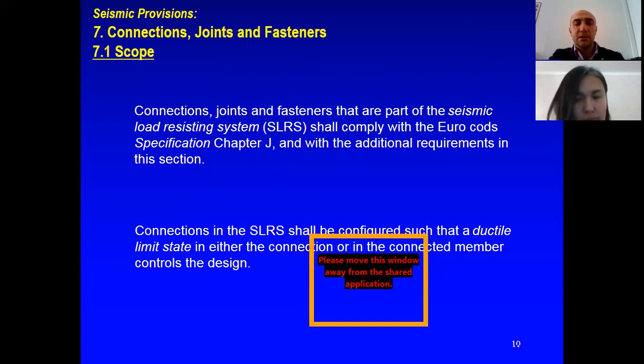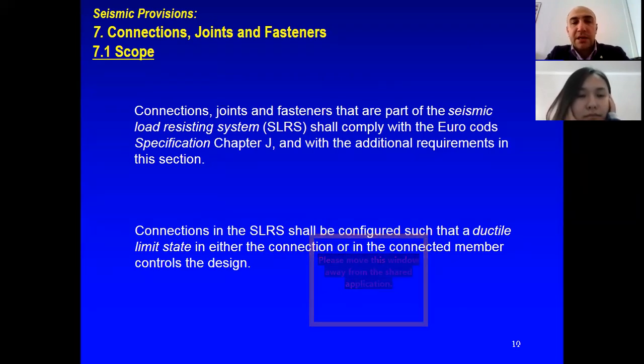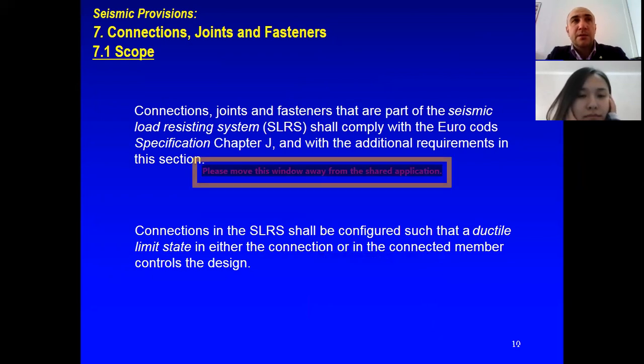So let's quickly look at the general provisions. Bolted and welded connections are designed by the special requirements in the Euro norms and by the special specifications and regulative documentation, because there is high responsibility for these structures.